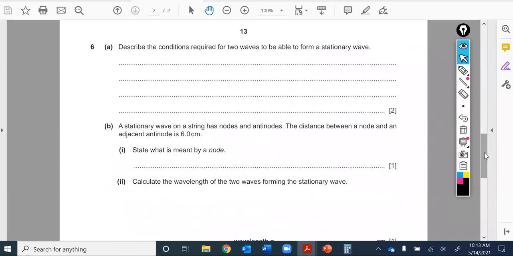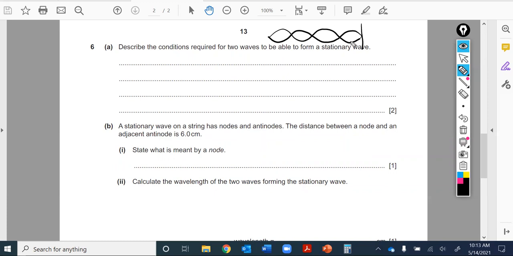So question 6 says, describe the conditions required for 2 waves to be able to form a stationary wave. So remember, we talked about this very briefly yesterday. We said if an outgoing wave goes out and then it's reflected by some barrier, it's going to come back and interfere with itself. And so the two waves are coherent.